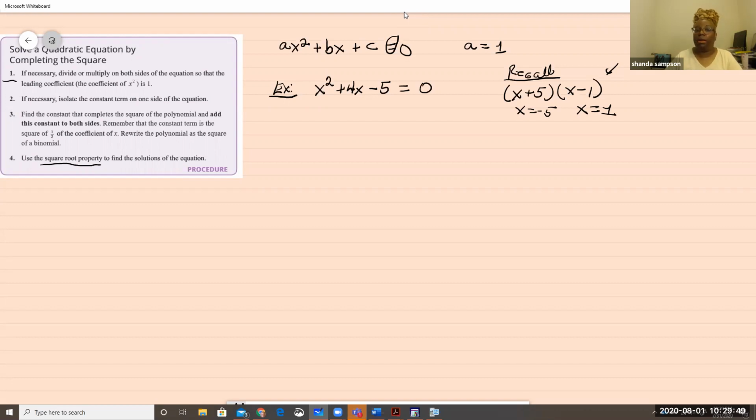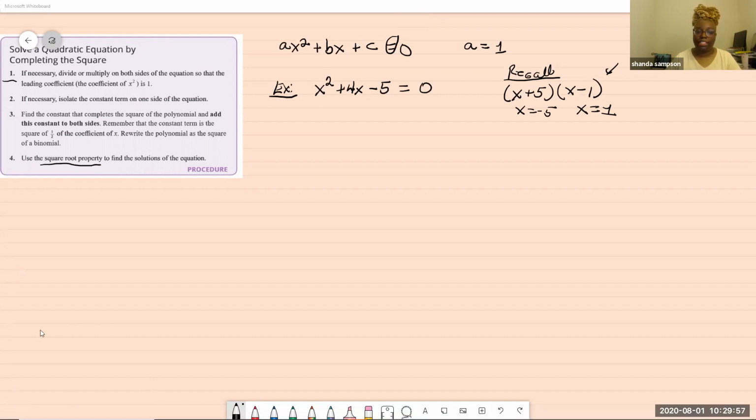So step 1 in completing the square is that the constant needs to be on the right hand side. This is all relative because we're saying the right hand side. So that's our first step. Remember, the constant is c, the only one without a letter. In order to move that constant, we're going to add 5.